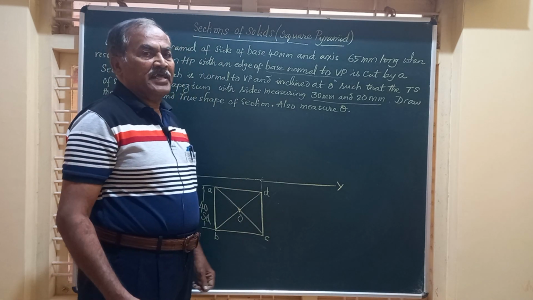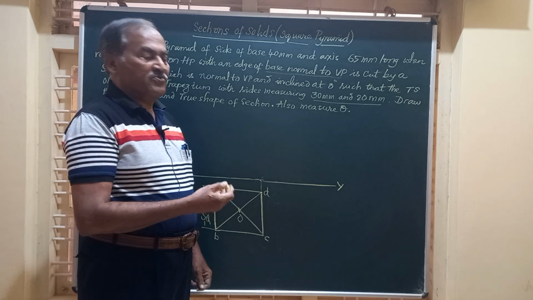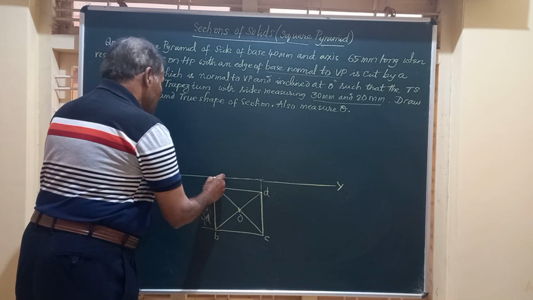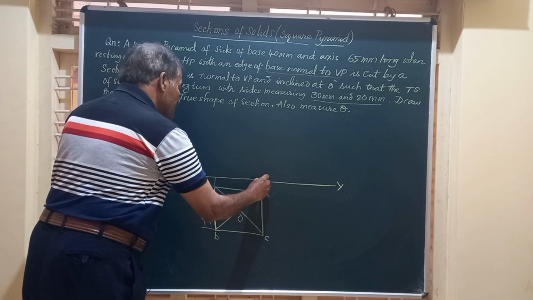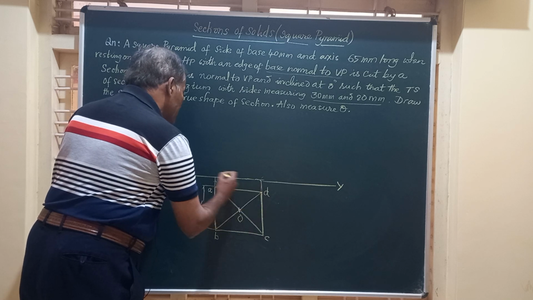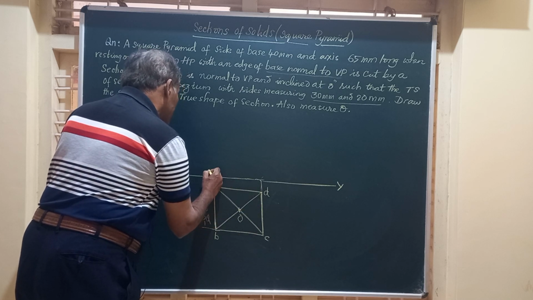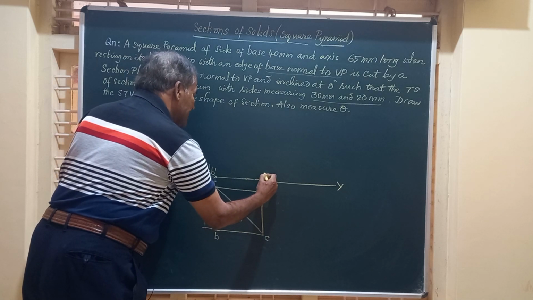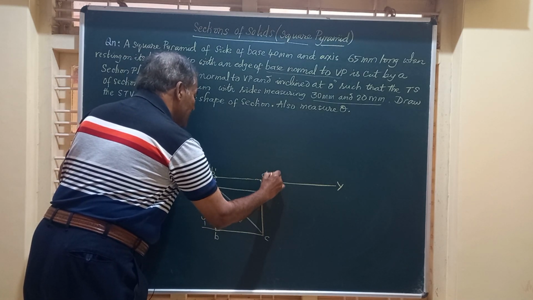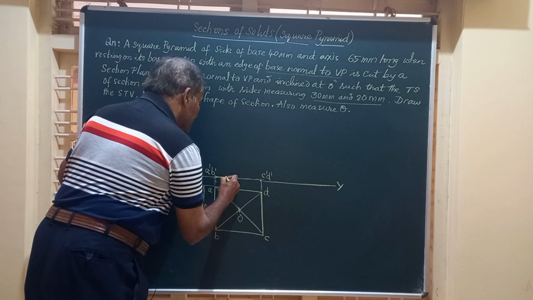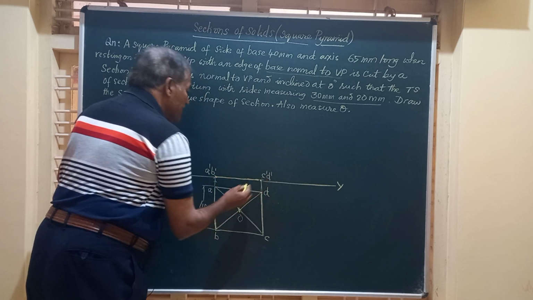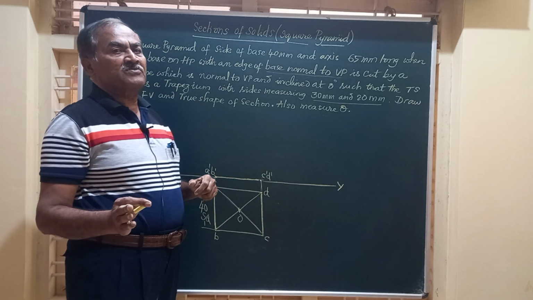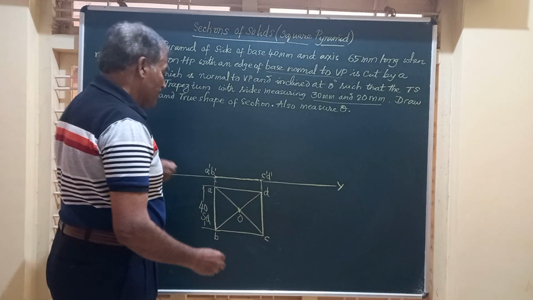Friends, let us obtain the corresponding front view for this square pyramid. So project lines from there, and here you are going to get the points A dash, B dash. This is going to be C dash, D dash. This line A dash, B dash, C dash, D dash represents the base of the solid in the front view.